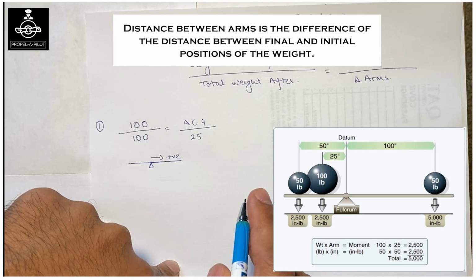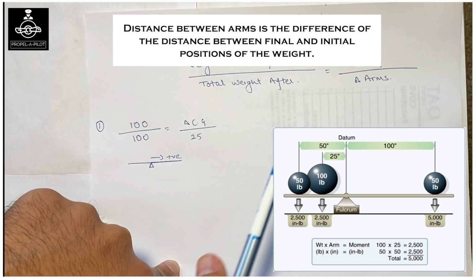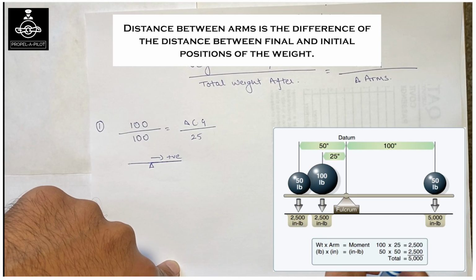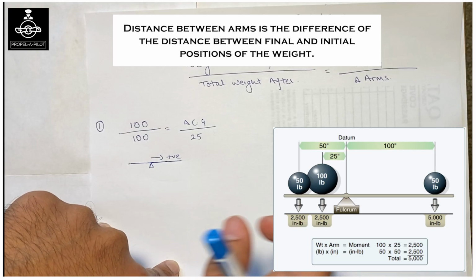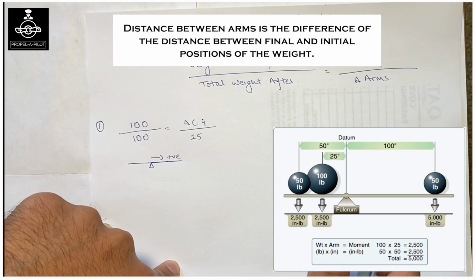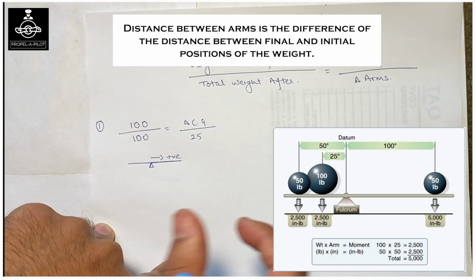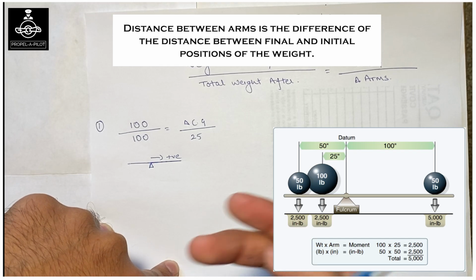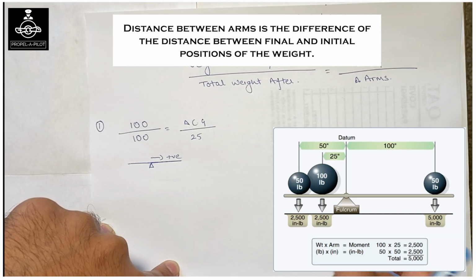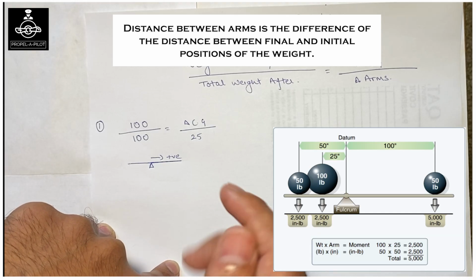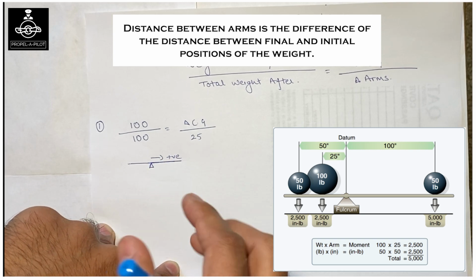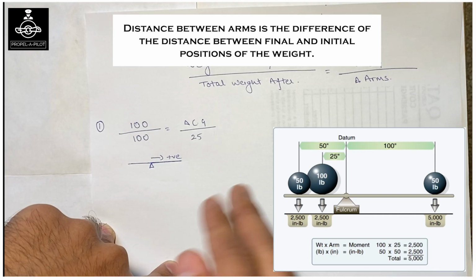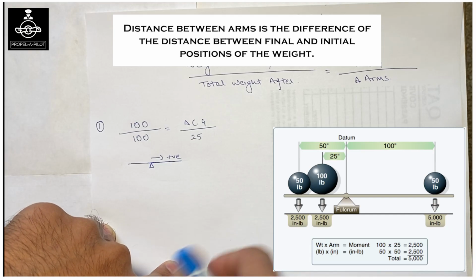Now delta arms is usually the difference between the initial position and the final position of the weight. Let's say we were to move the 100-pound weight to the right or to the left. We will then calculate the delta arms as the distance between the initial position of the 100-pound weight and the final position of the 100-pound weight from the fulcrum, which is the datum.